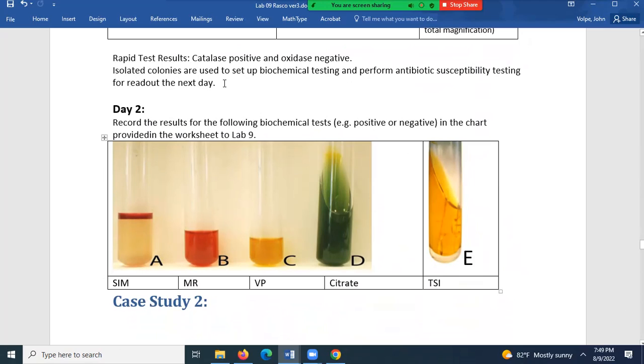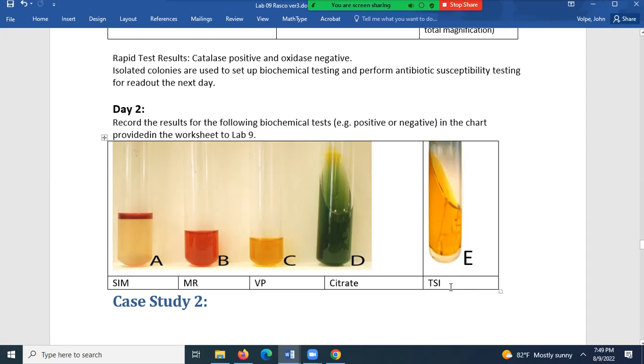It's catalase positive, oxidase negative. And then we did the SIM test shown here, the MR test shown here, the VP test shown here, the Simmons citrate test shown here, and triple sugar iron test shown here.